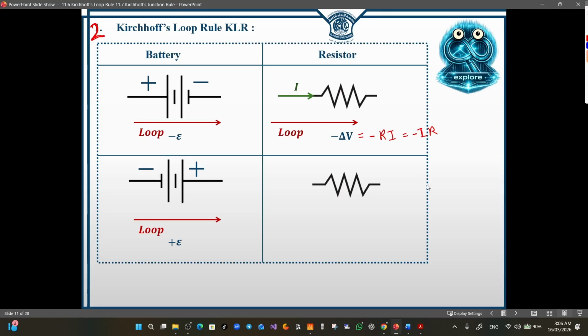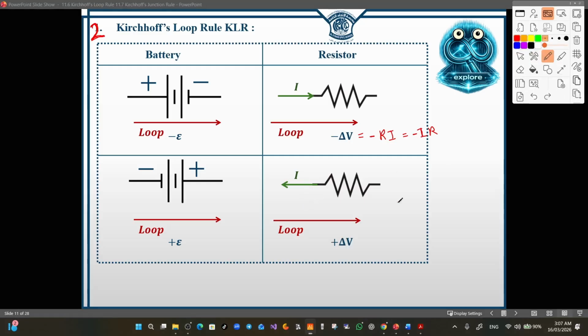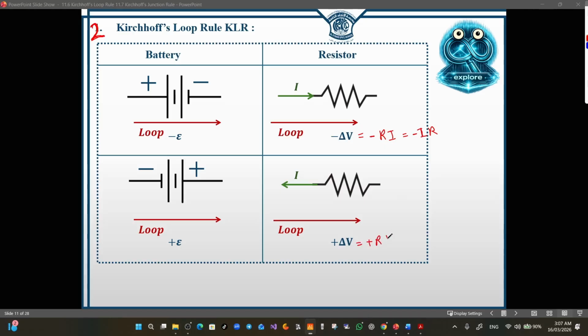Now, what if the current is leaving the resistor and the loop is in the opposite way? If the direction of the loop and the direction of the current are opposite, then we use plus delta V, again using Ohm's law. You can write it as Ri or plus IR.